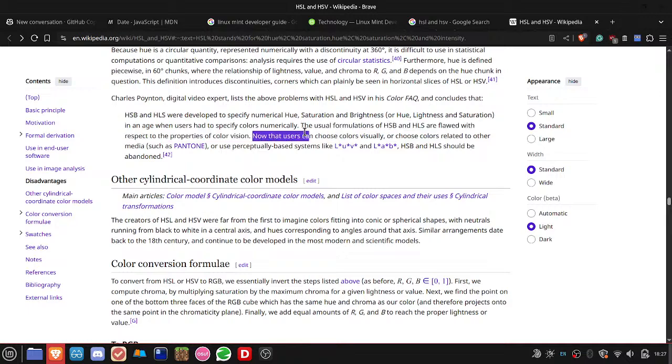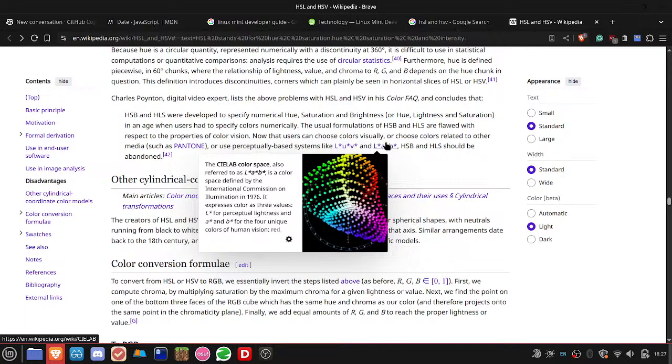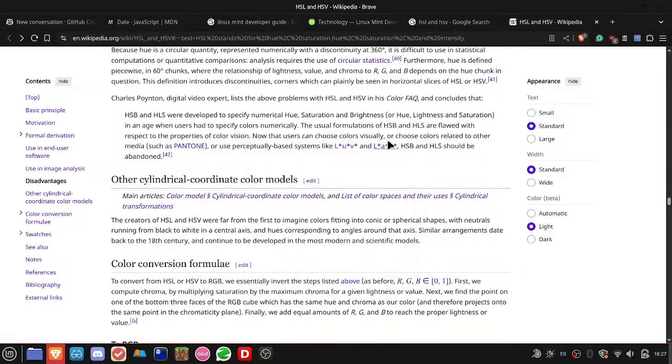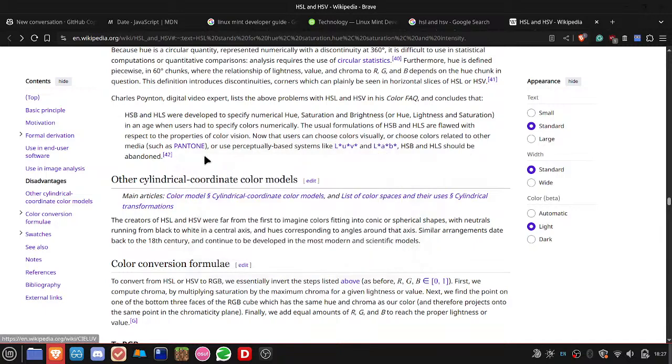Now they can choose colors visually, or choose colors related to other media such as Pantone, or use specific particular bases like LUV, CIE 1976 color space or CIE Lab color space. Okay, HSB and HLS should be abandoned. Okay, I think they have said it quite aptly.